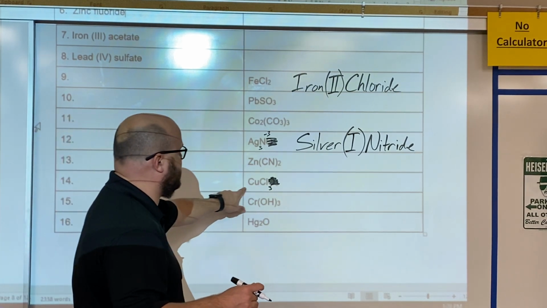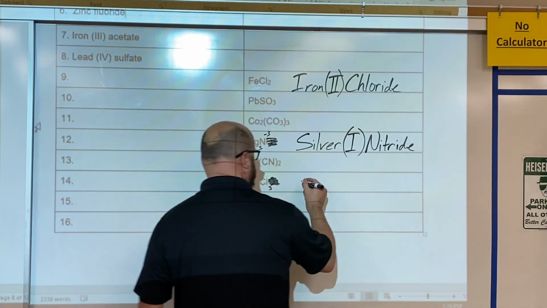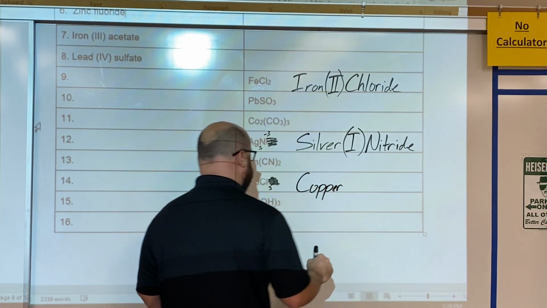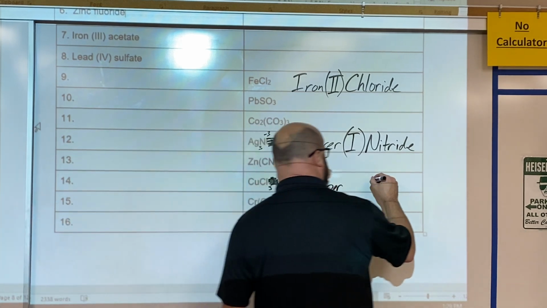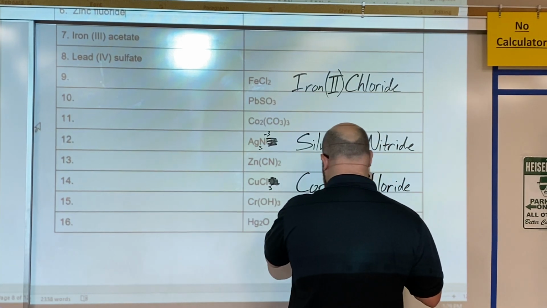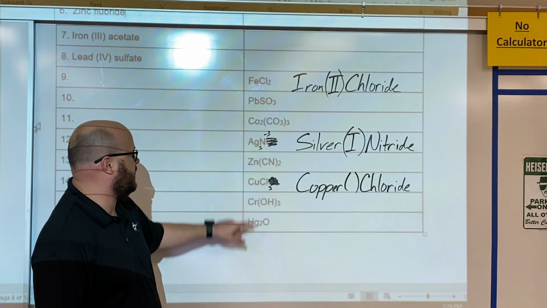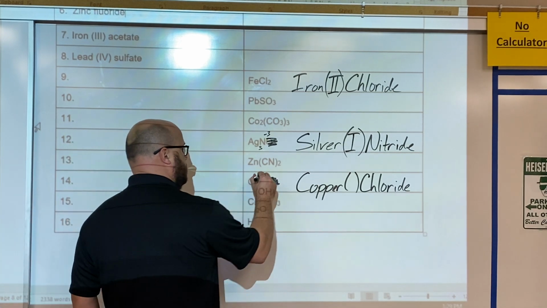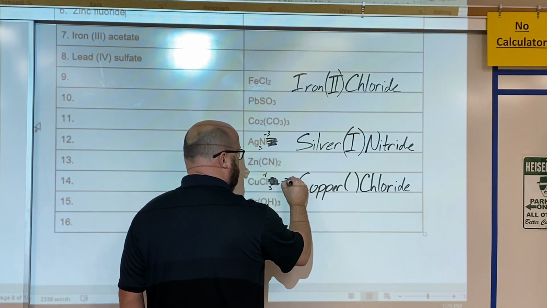Okay, look at this one, CuCl3. See you later, copper. Leave a space. Cl is chlorine, but we're going to change it to chloride. And then 2 ways of looking at it. Chlorine is a -1. We have 3 of them. That's a -3.